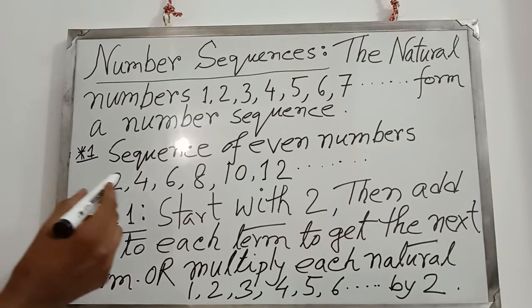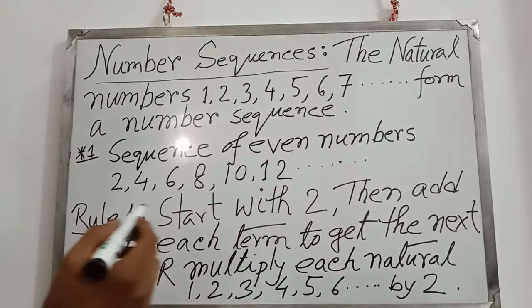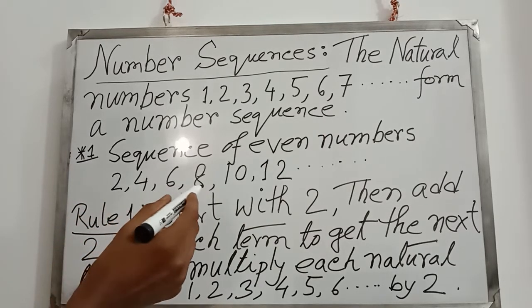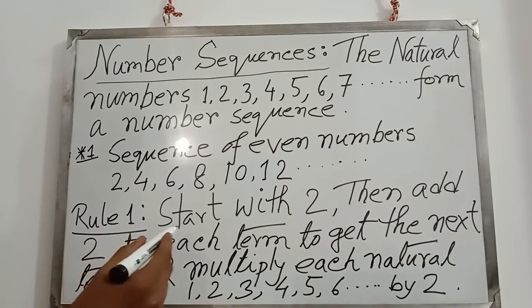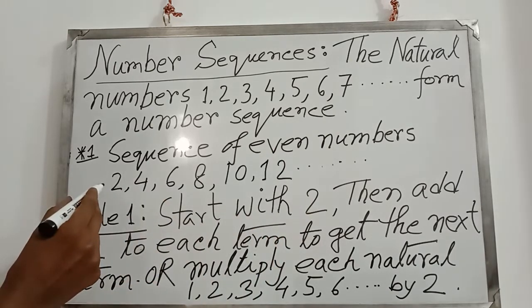Number 1. Sequence of even numbers: 2, 4, 6, 8, 10, 12 and so on. Rule 1: Start with 2.